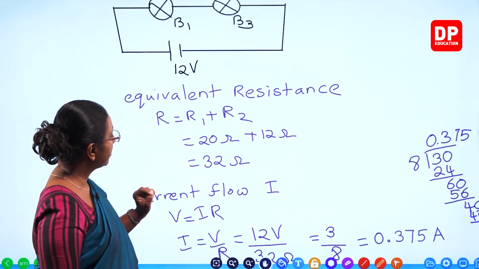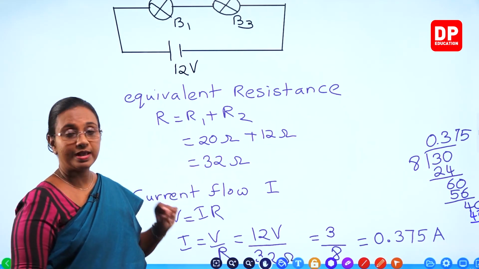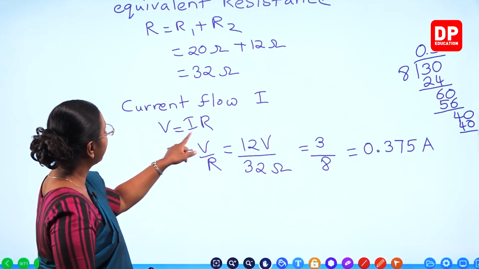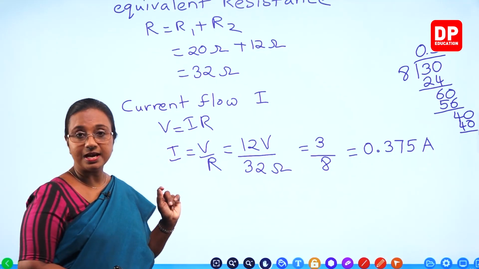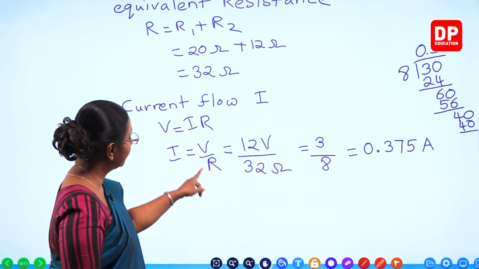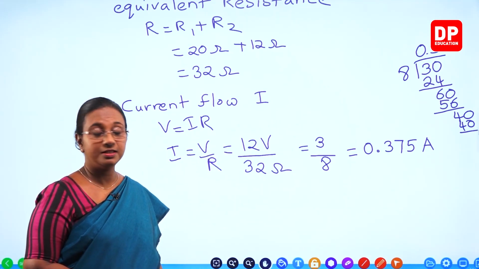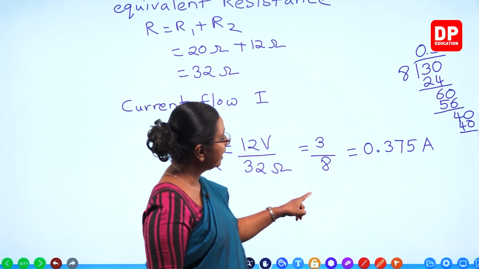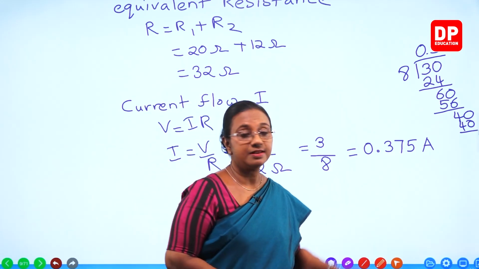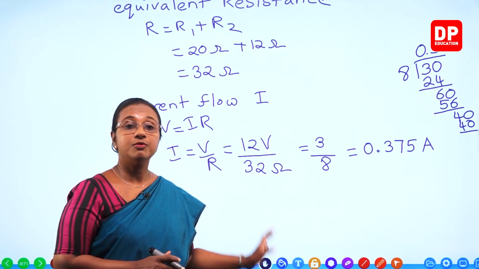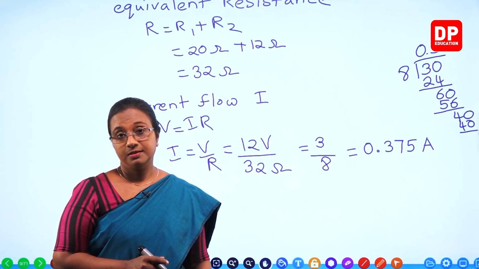R equals R1 plus R2, 20 ohm plus 12 ohm, 32 ohms. Then you need to find the current flow. V equals IR. I is equal to V over R, that is 12 volt divided by 32 ohms, 3 over 8, 0.375 amperes. That is the current flow across the circuit.